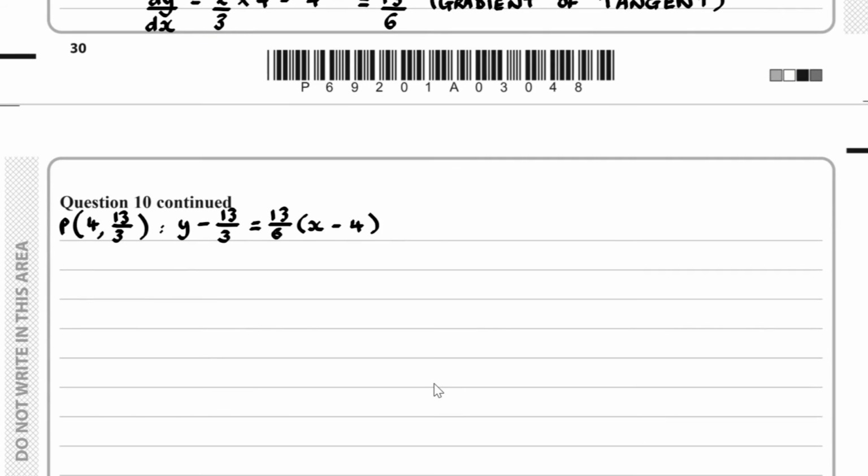If I multiply through by 6, we've got 6y subtract 2 times 13 equals 13 multiplied by x minus 4.